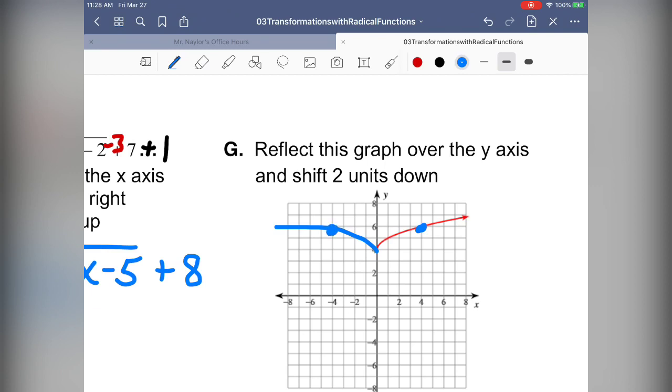But I want to think about the reflection first, and then I want to shift this graph down 2 units. And what that really means is that every point on the graph is going to go down 2 units. But maybe I'll just pick a few of the points that are easy to see, and then I'll be able to draw my new graph.